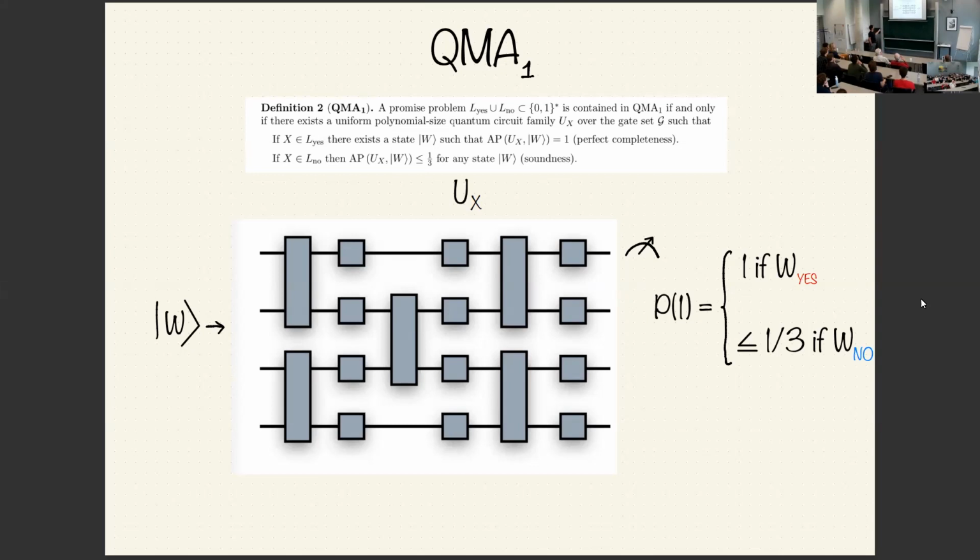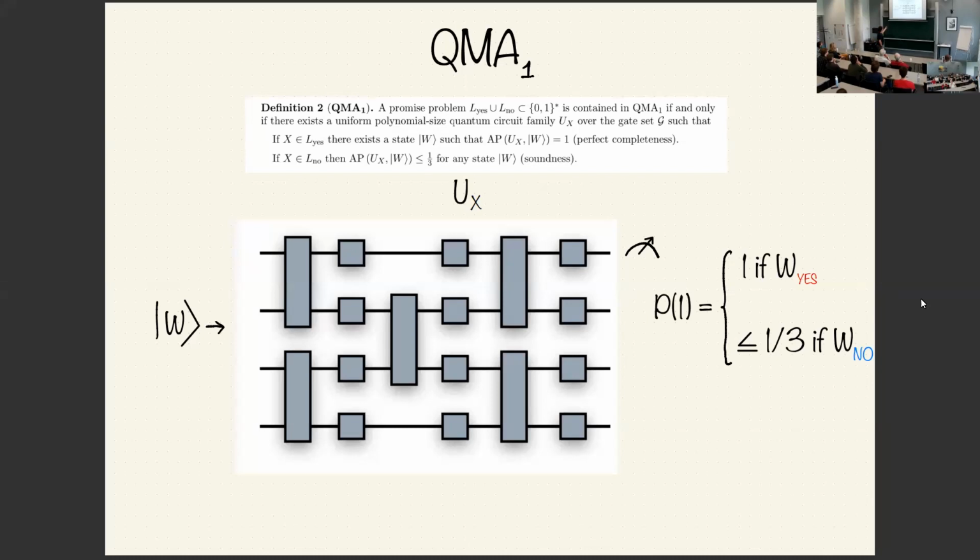And if it's a no instance, there's no witness such that you'll get 1 except with low probability. So for all witnesses that someone could give you, you measure 1 here with probability less than a third. Okay. So this is how QMA1 is defined. It's the same as QMA, except that the completeness parameter, which we usually set to 2/3, is set to 1 here.